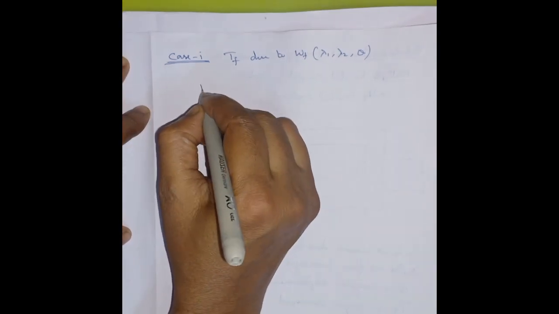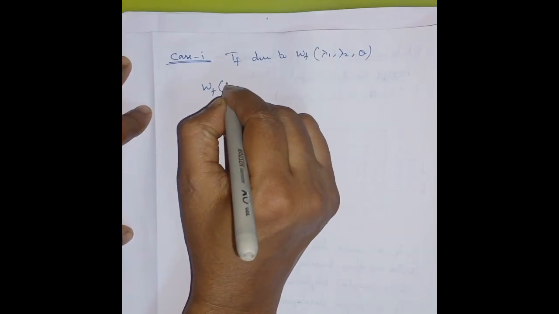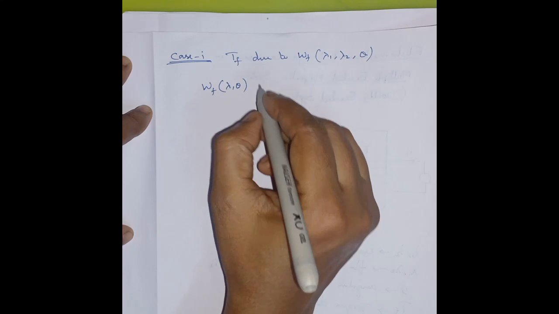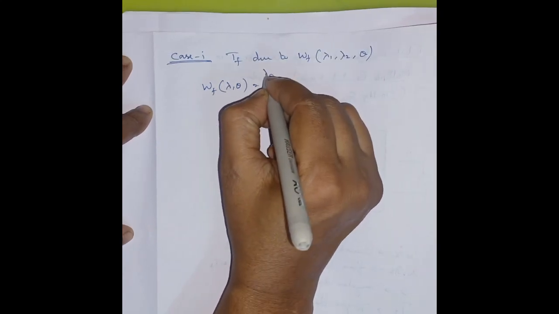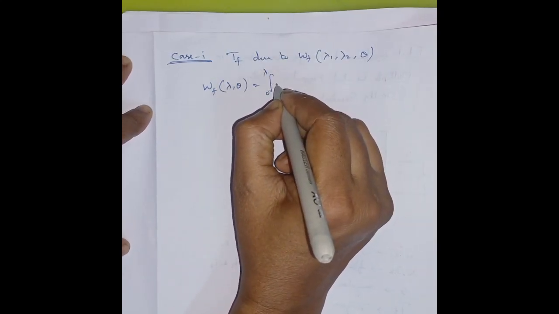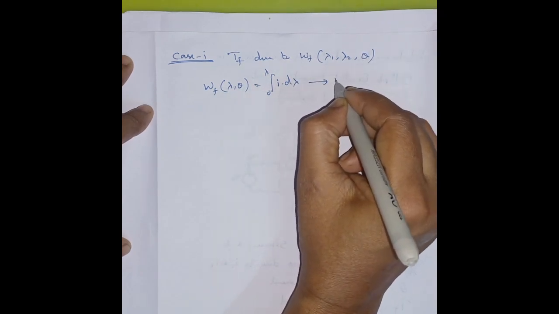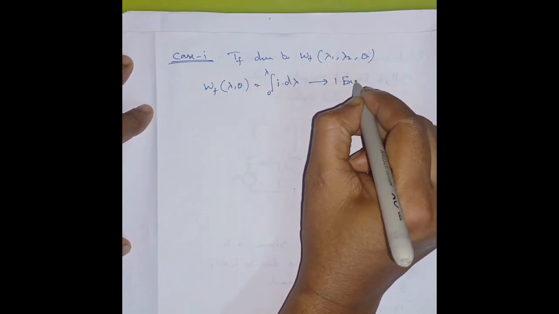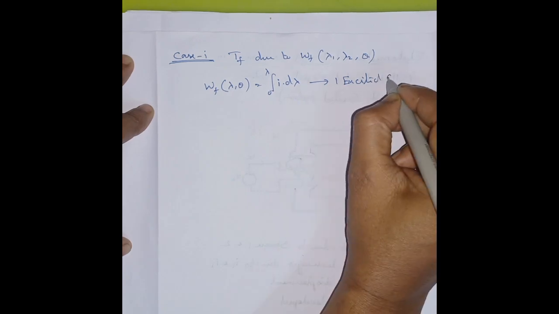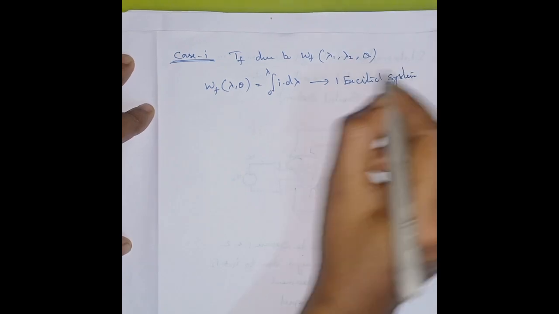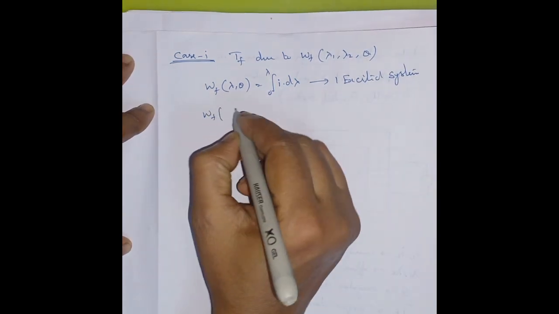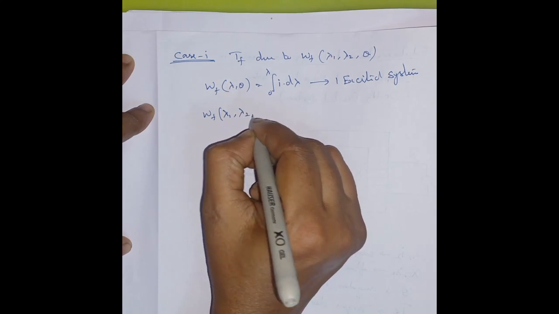So we know WF of lambda comma theta is nothing but the integral from 0 to lambda of I into d lambda for a single excited system, correct? In the same manner, now we have WF of lambda 1, lambda 2, theta.